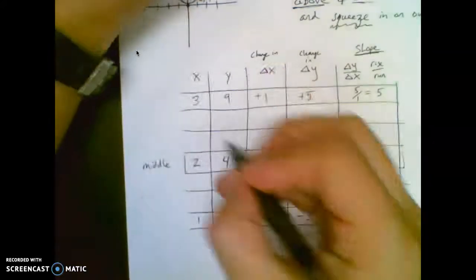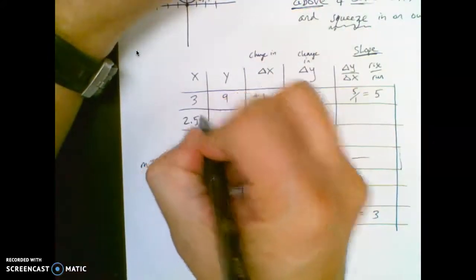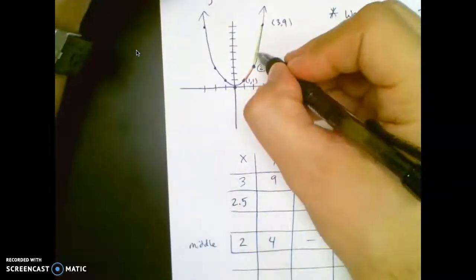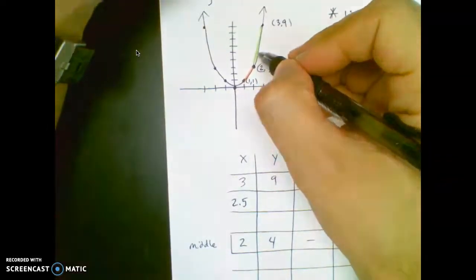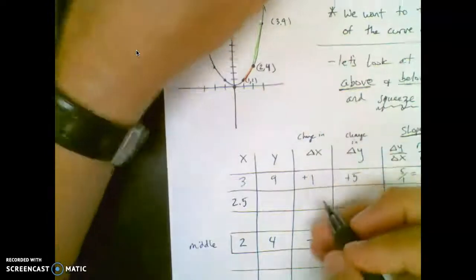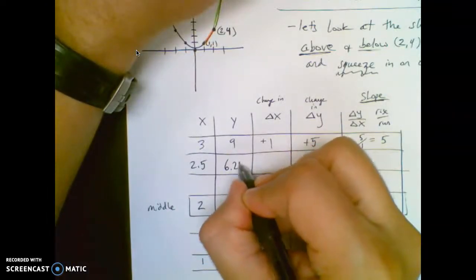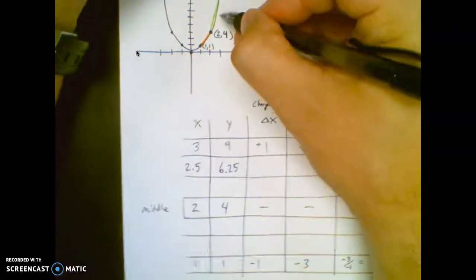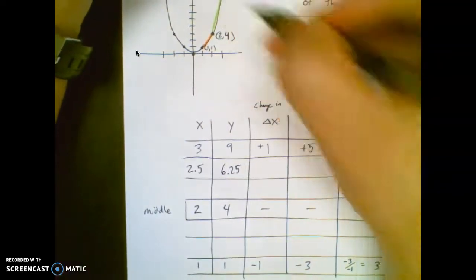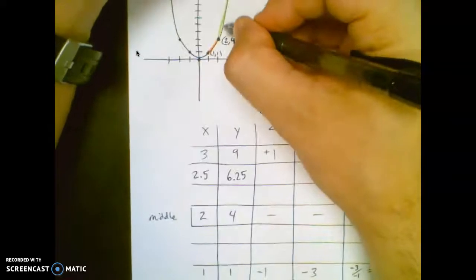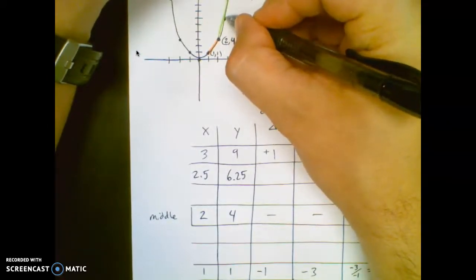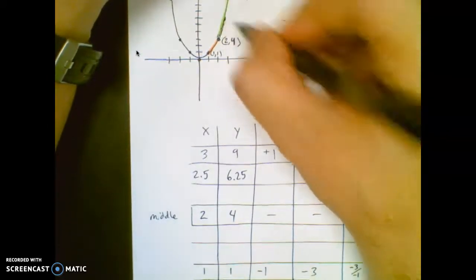We can get closer. What if I went to 2.5? What's the point? 2.5 comma what? I don't know. Get your calculator out and square it. I think it's 6.25. I know it is. So that's the point here, 2.5 comma 6.25. Now we're getting closer, right?